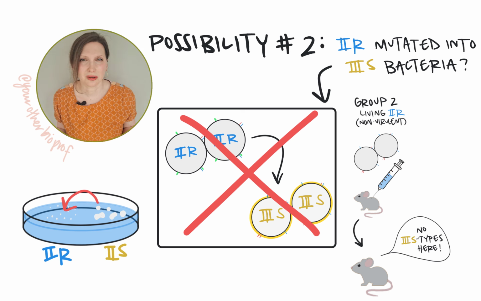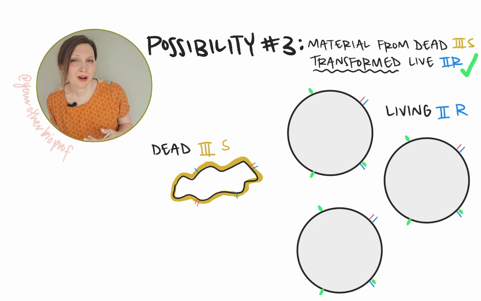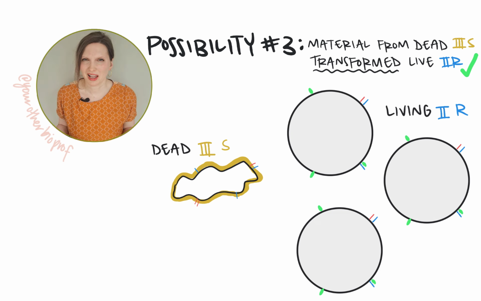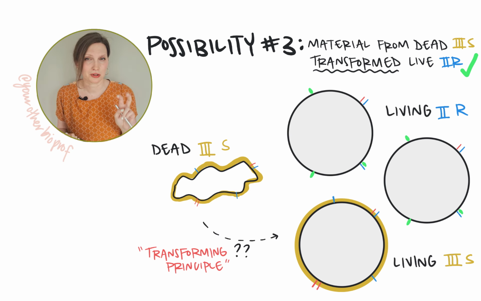So this wasn't random. 2R bacteria didn't spontaneously become 3S all on their own, only when they interacted with 3S material. All right, well, that means that some material in the heat-killed 3S cells transforms non-virulent type R into virulent type S. Griffith called this material the transforming principle.